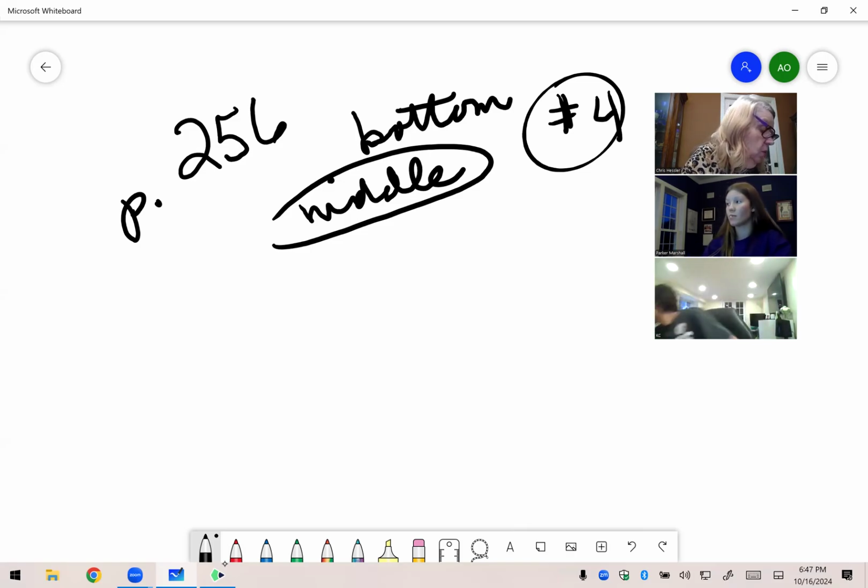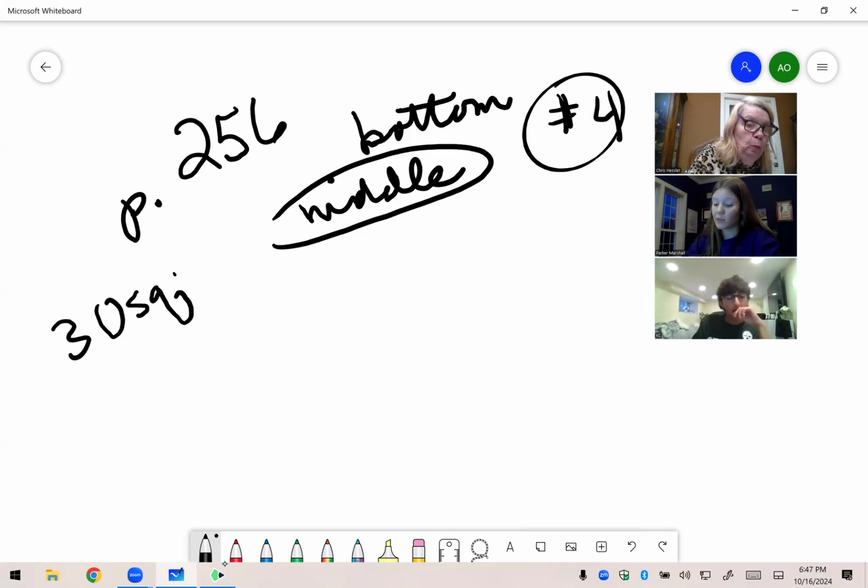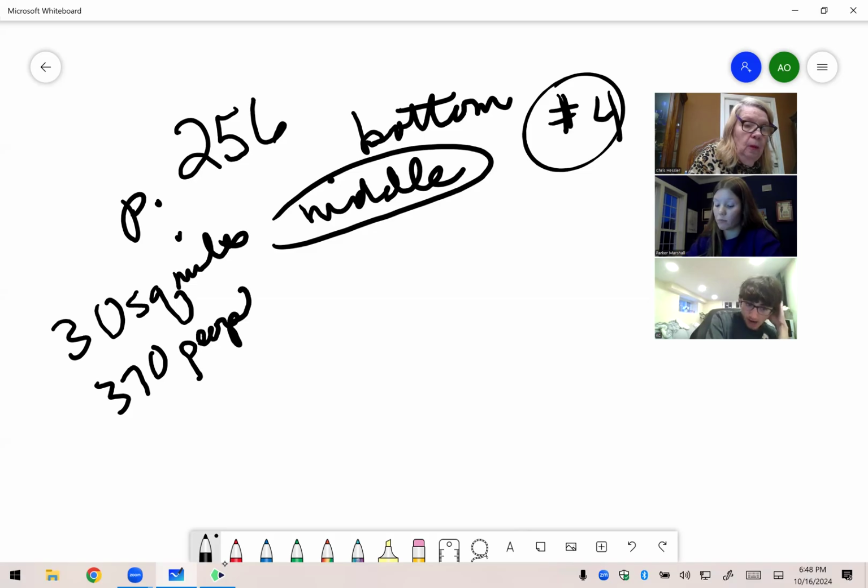A county-wide area consists of 2 districts. One district has 30 square miles and a population density of 370 people per square mile.